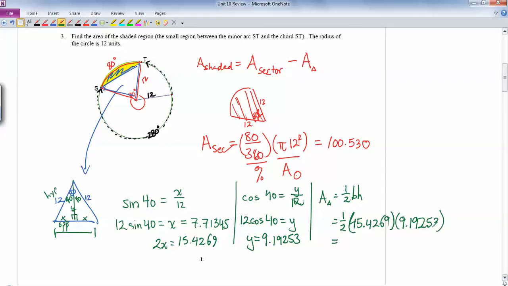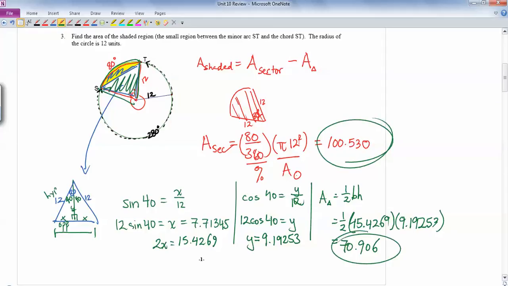And if you plug all that in, you end up with about 70.906. So that's the area of the triangle. And so we've got the area of the whole sector, which is the 100.530. We got the area of the triangle, which is the 70.906.